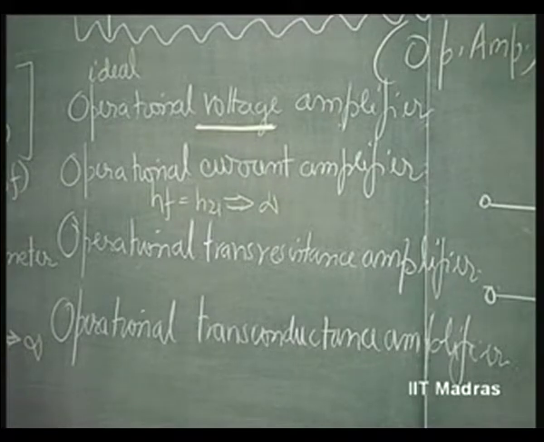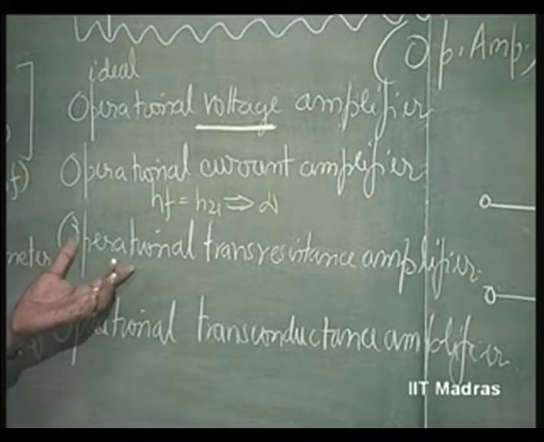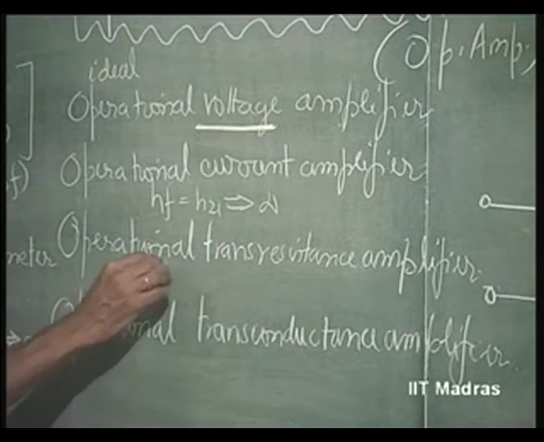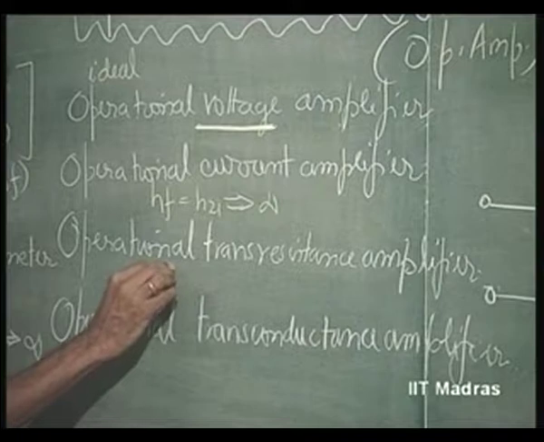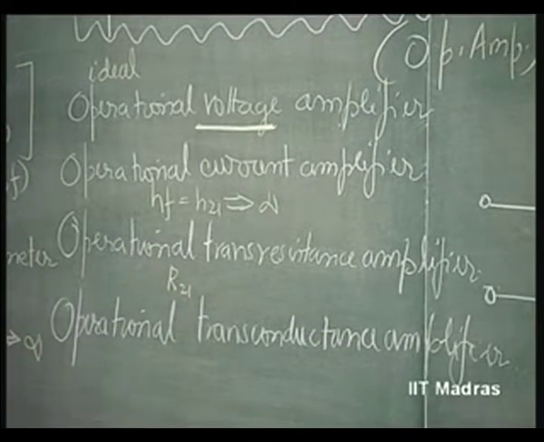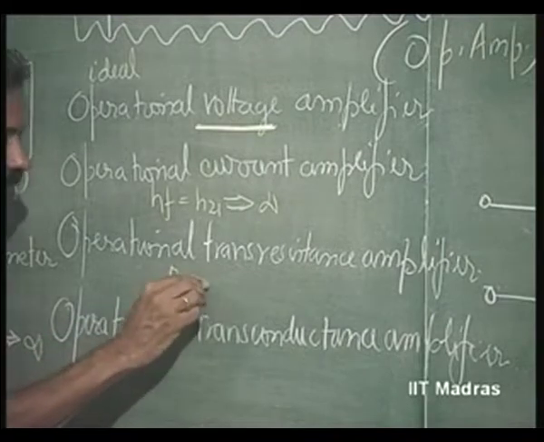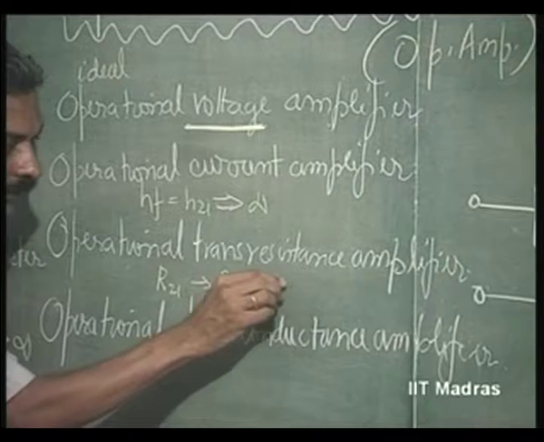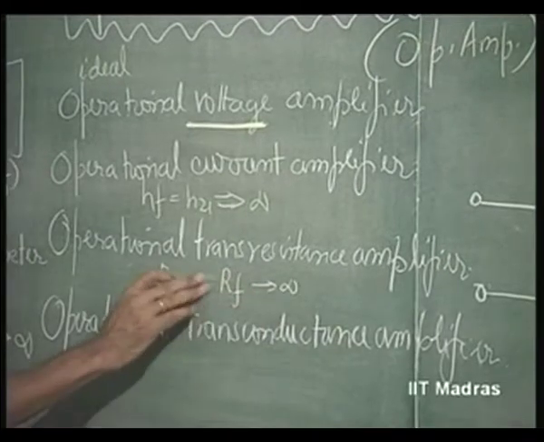Now, operational trans resistance amplifier, by the name itself implies R21, or RF, goes towards infinity.